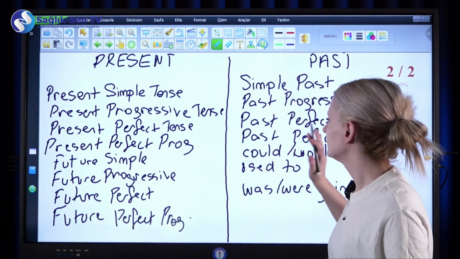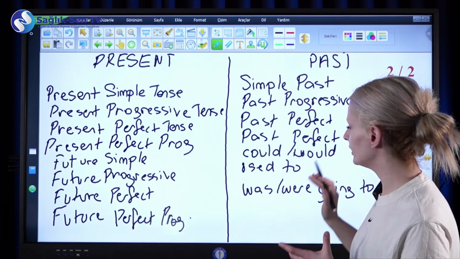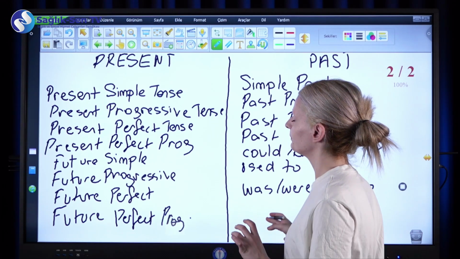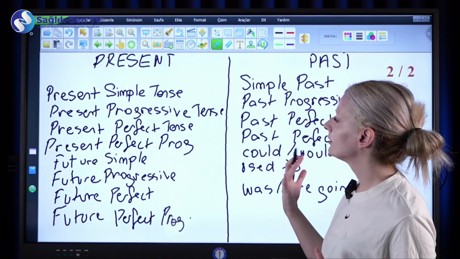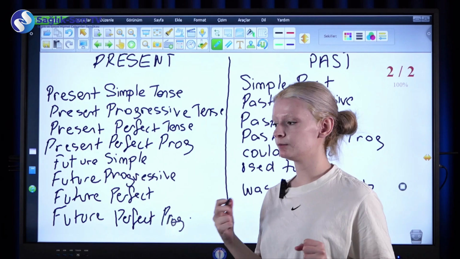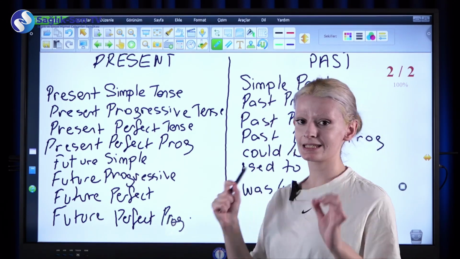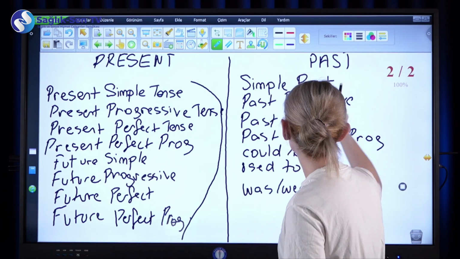Okay, this is actually pretty much what we have studied so far and all the tenses you should know. When we are talking about a combined sentence with a conjunction, we should seek a time harmony.